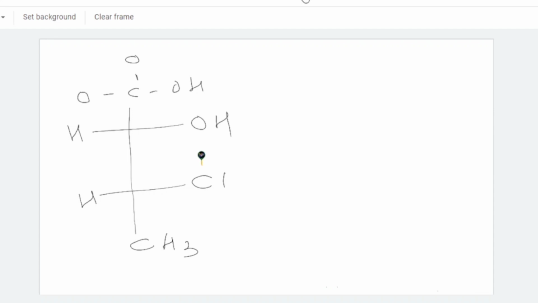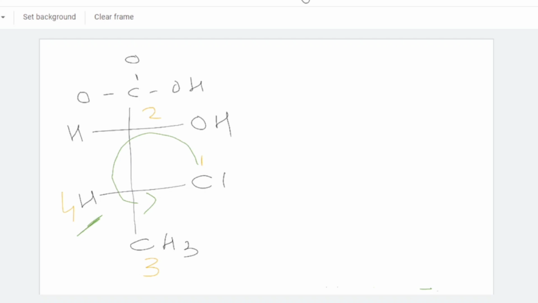First, second, third, and fourth. So the direction will be anti-clockwise, and H is on horizontal line.